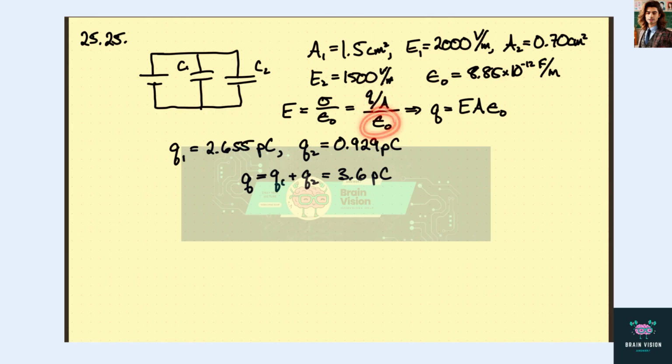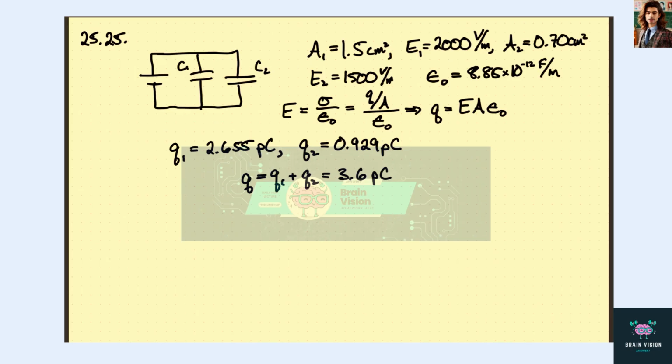And then we can figure out the total charge on the capacitor is the electric field in the capacitor times the cross-sectional area times the permittivity of free space, since we're assuming that there's no dielectric material inside of there.